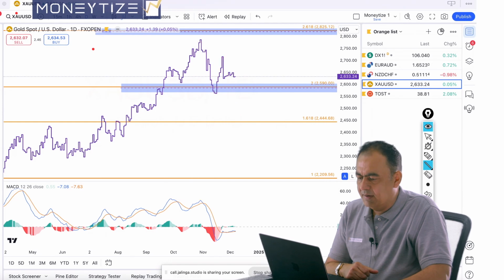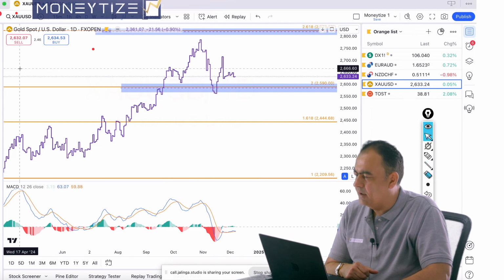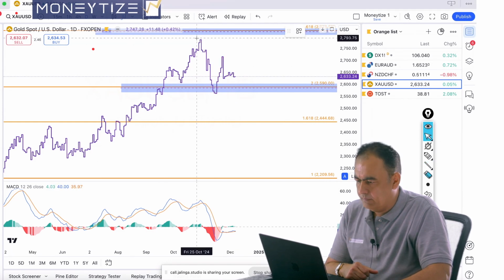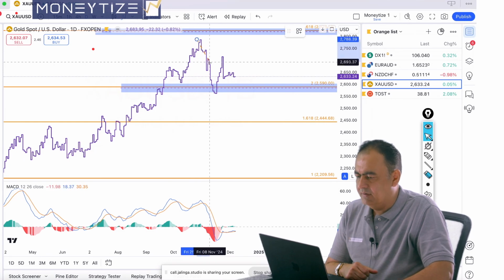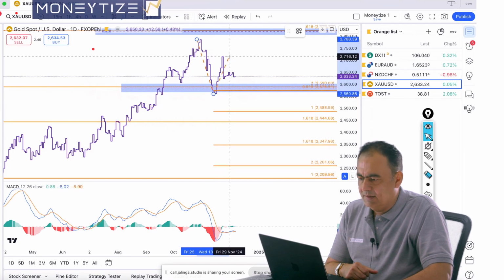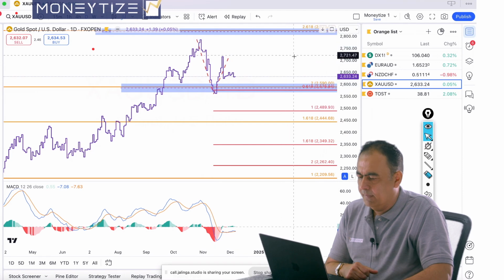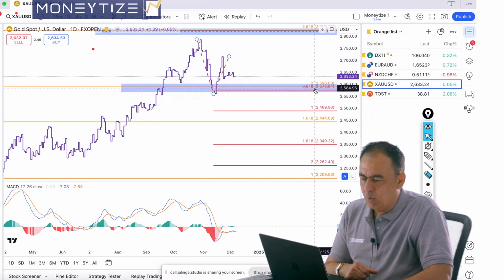Now I'm going to apply Fib extension in the downward direction here, starting from the highest, connecting to the low and the next lower high. Let's mark it red. So the first extension is already done, 61.8, 2576 already achieved.